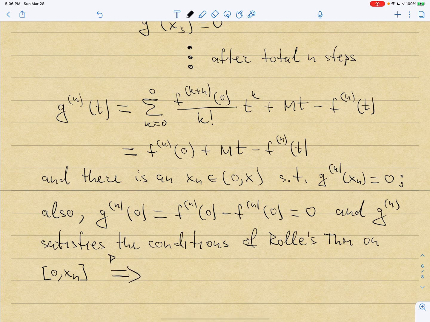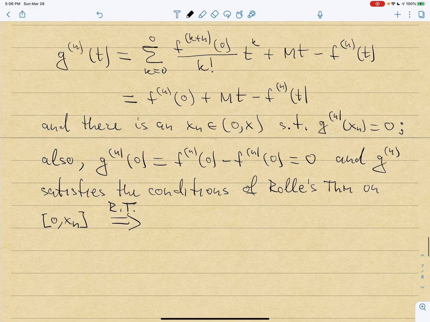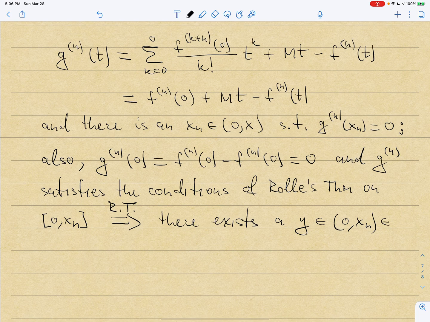And therefore, by Rolle's theorem, there exists y in the interval from 0 to x_n, which is again a subinterval of the interval from 0 to x, such that g_{n+1}(y) is 0.